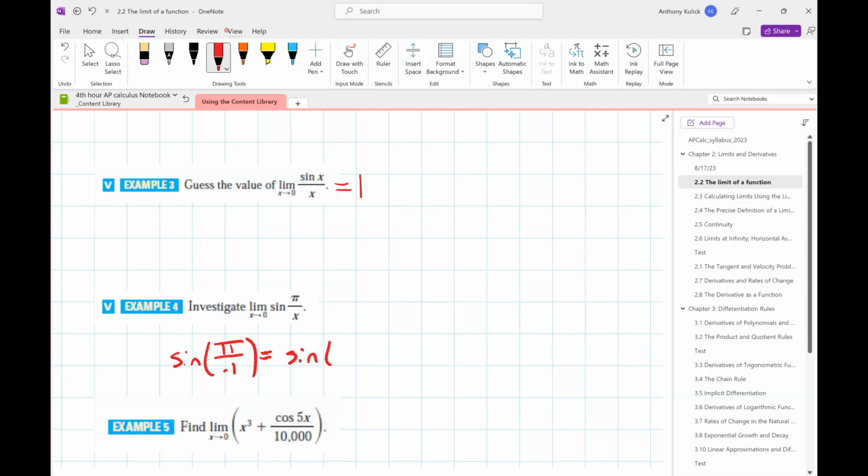So I could simplify this to just being 10 pi. What's 10 pi in the unit circle? Sine is 0 at 0, 1 pi, 2 pi, 3 pi, 4 pi, 5 pi. So sine of 10 pi is 0. If I do 0.01, that's going to just be the sine of 100 pi. What's that going to be? Same thing, 0. 0, right?